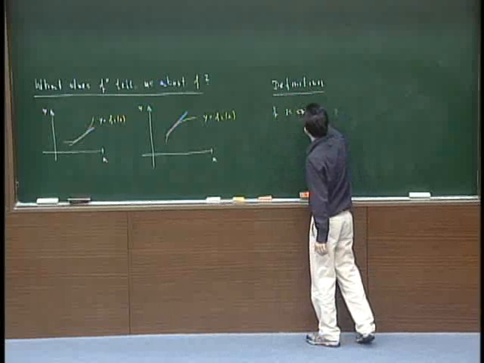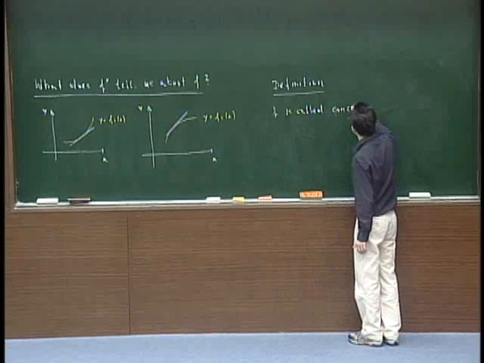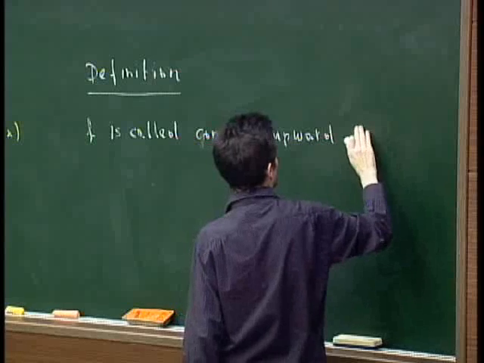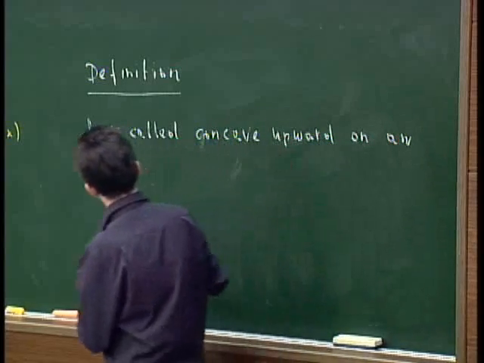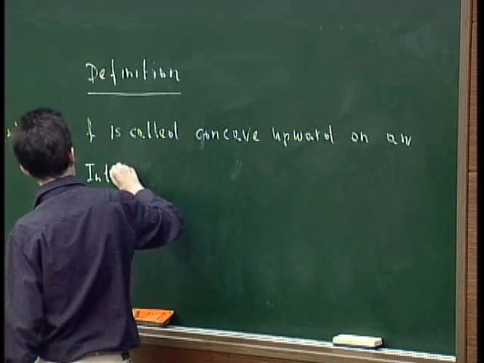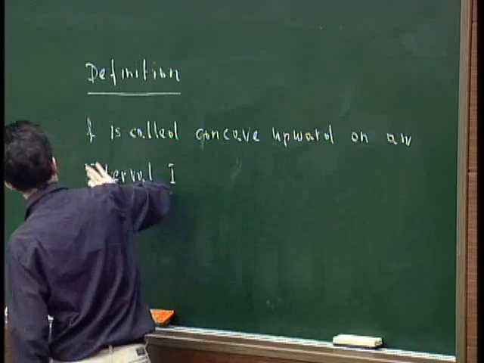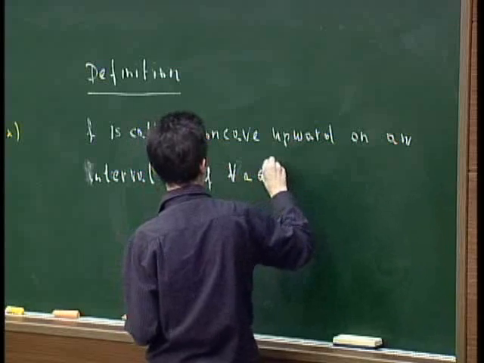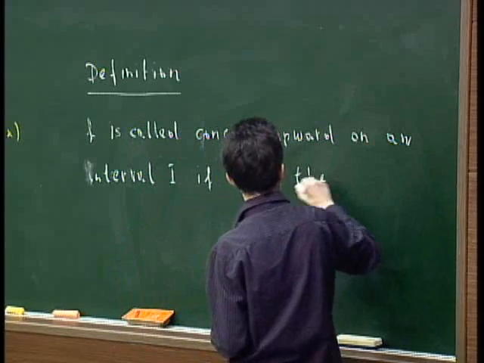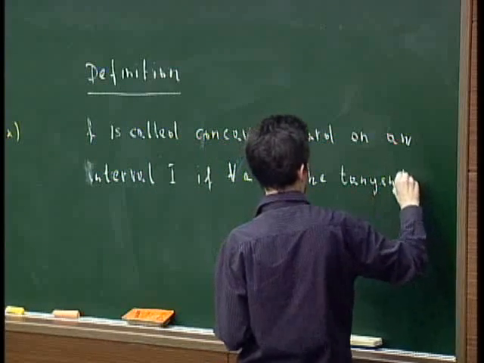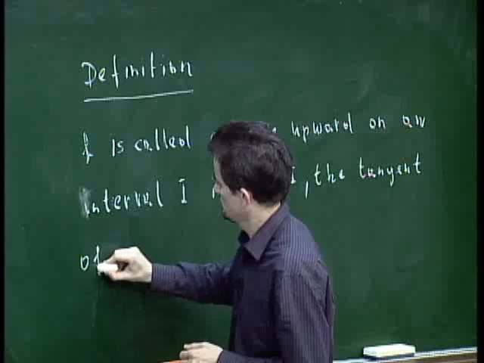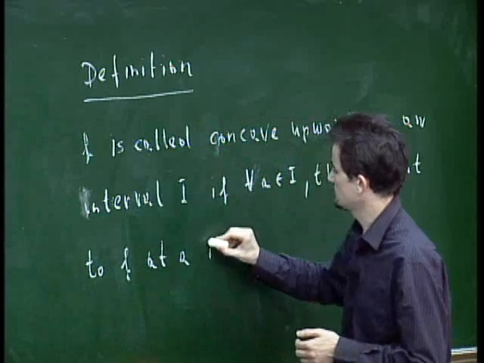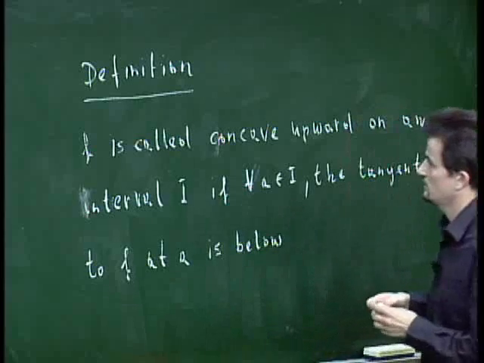f is called concave upward on an interval I if for all points a in I, the tangent of f at a is below f.